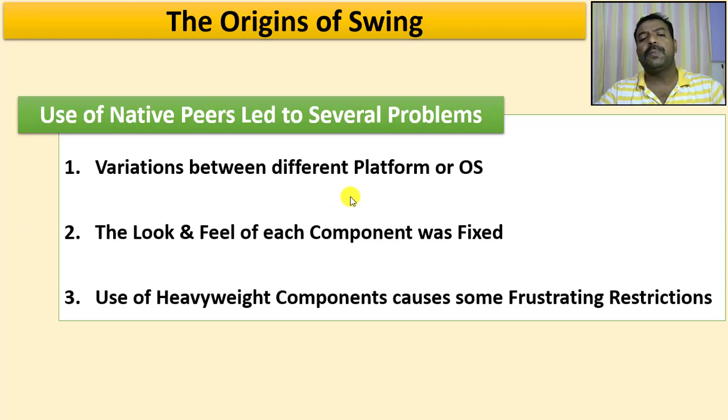If it is platform dependent, these are the few problems we are going to encounter. The first problem is variations between different platforms or OS. Whatever code I develop to manage the graphical user interface may be only for Windows, and later the same thing should be deployed on some other platform like Linux.